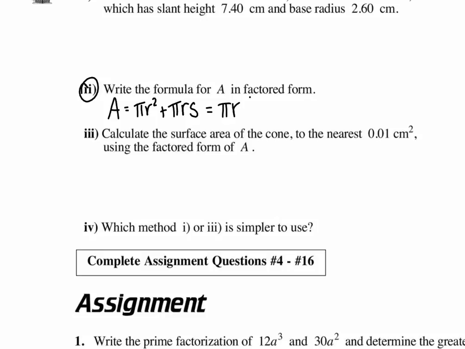R. We can factor out a pi and an r. So pi r squared divided by pi r, what's left over? Divide both by pi r. R squared divided by r is just r, plus s.